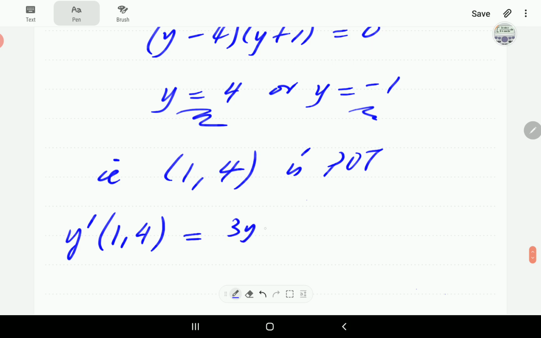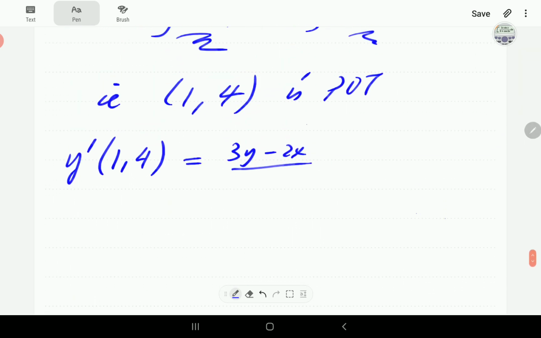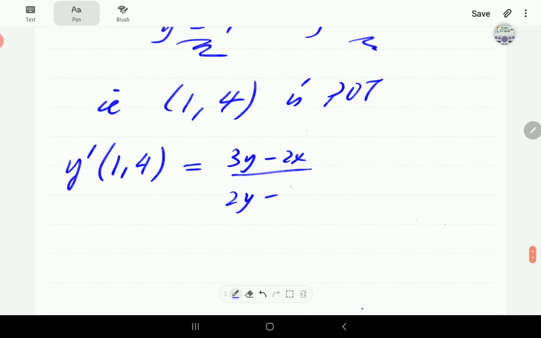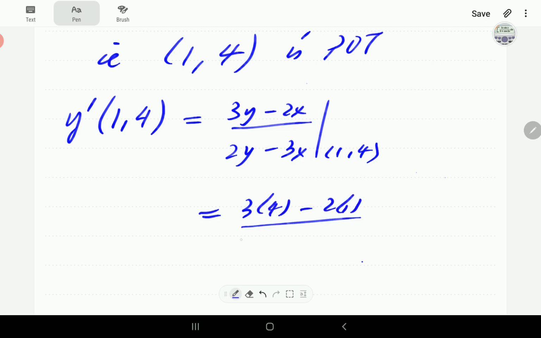It's 3y minus 2x over 2y minus 3x. We substitute x equals 1, y equals 4. That's the notation when you have an expression and you want to substitute.